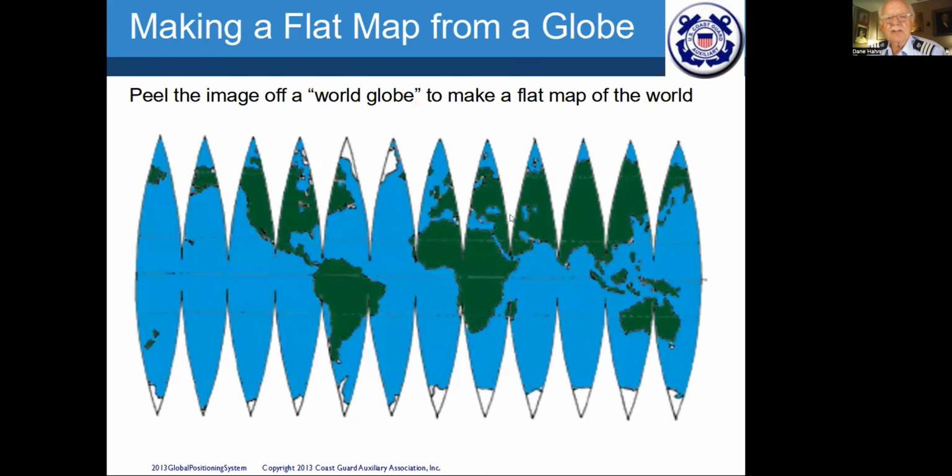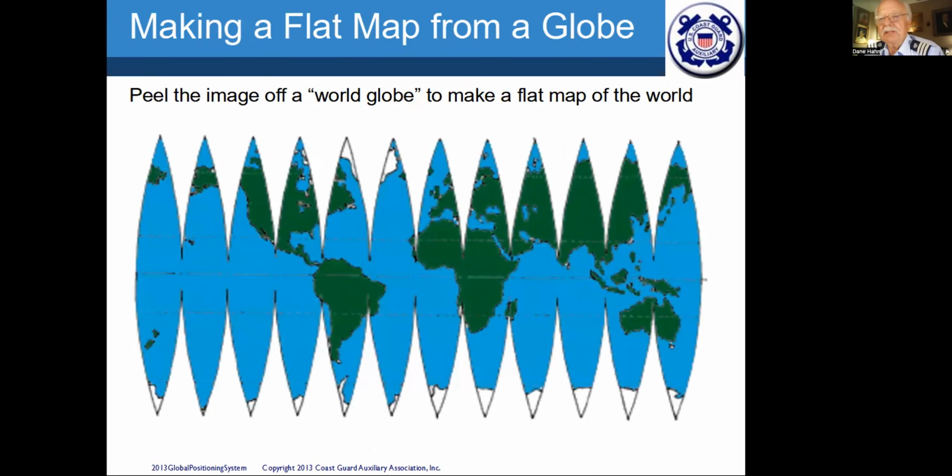Now, let's assume that you had, as a child, a globe that was something that your grandparents gave you so that you could spin it and you could look at the various countries as they spun by on this globe.